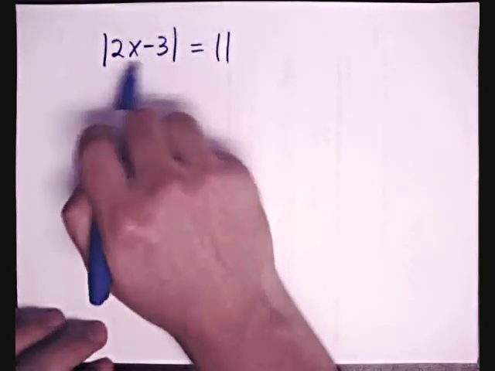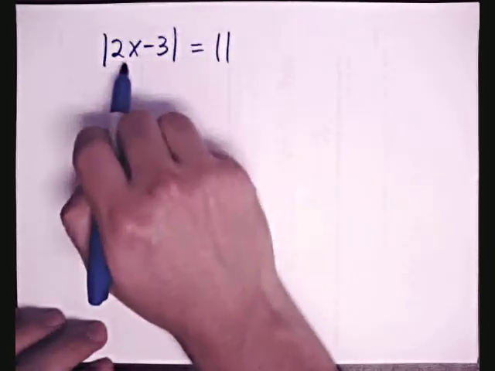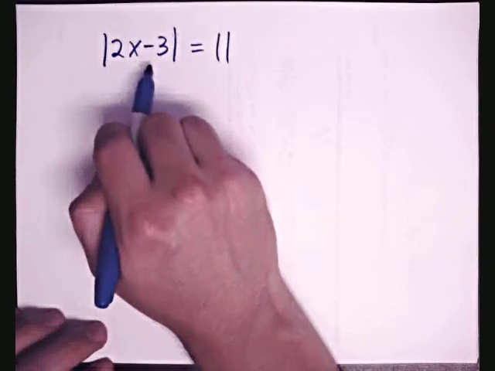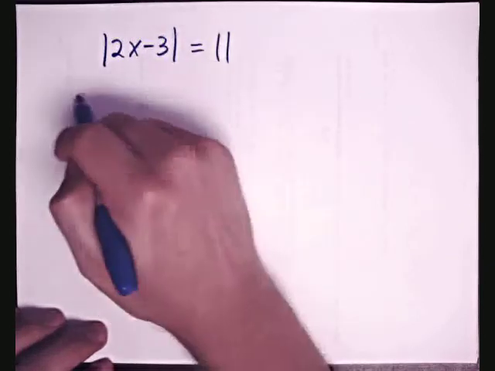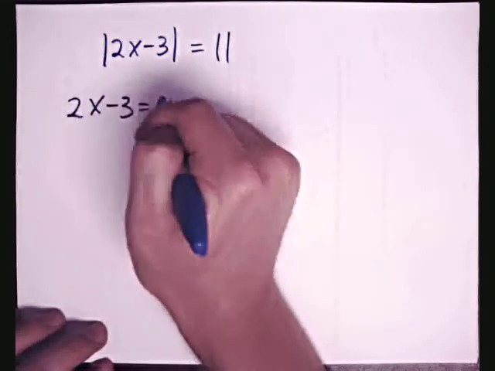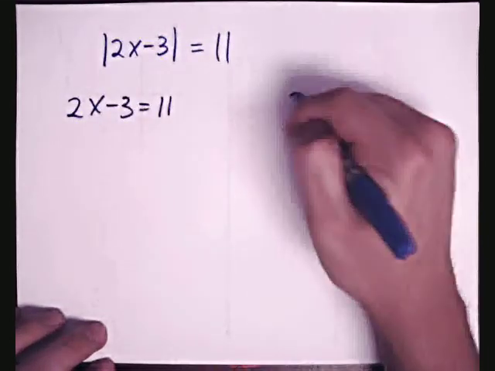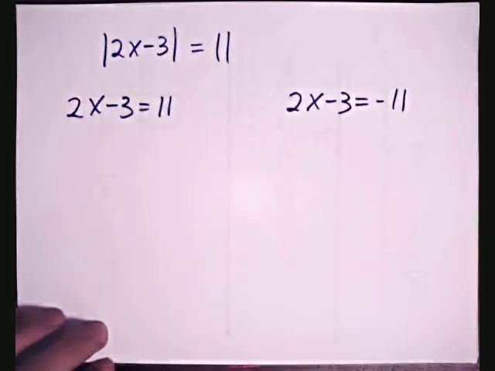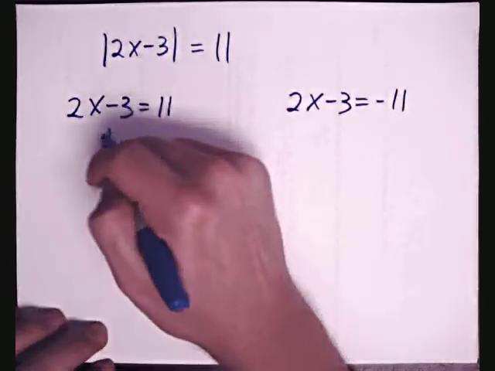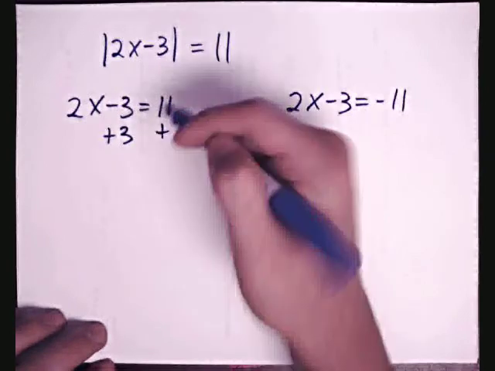And then separately, what x value will make 2x minus 3 equal to -11, because the absolute value of -11 will also equal 11. So we say 2x minus 3 equals 11, and 2x minus 3 equals -11. We want to solve those two separately. Okay, both involve the same solving strategy.